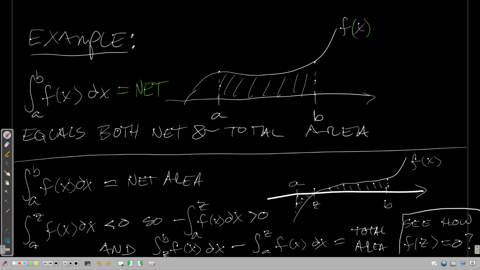However, if my function crosses the x-axis, like this one crosses here at z, then the integral from a to b is going to be the net area. It won't be the same as the total area. It'll be less than the total area because some of it got deducted.